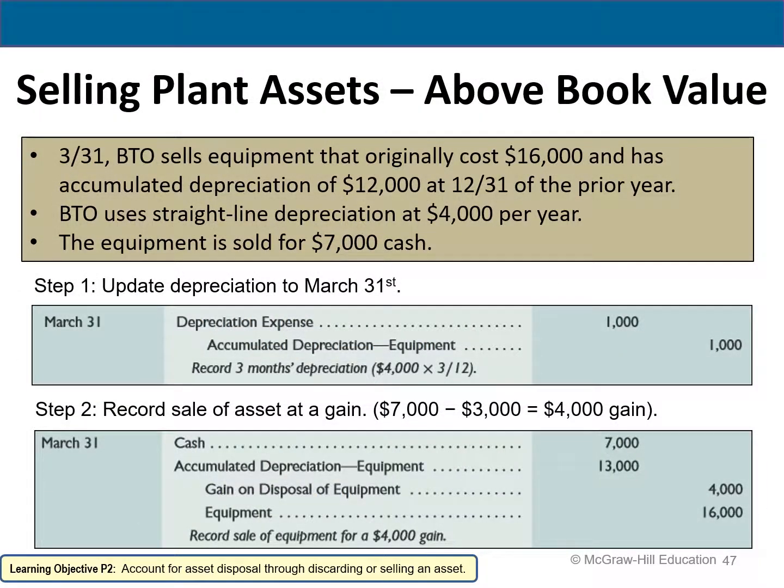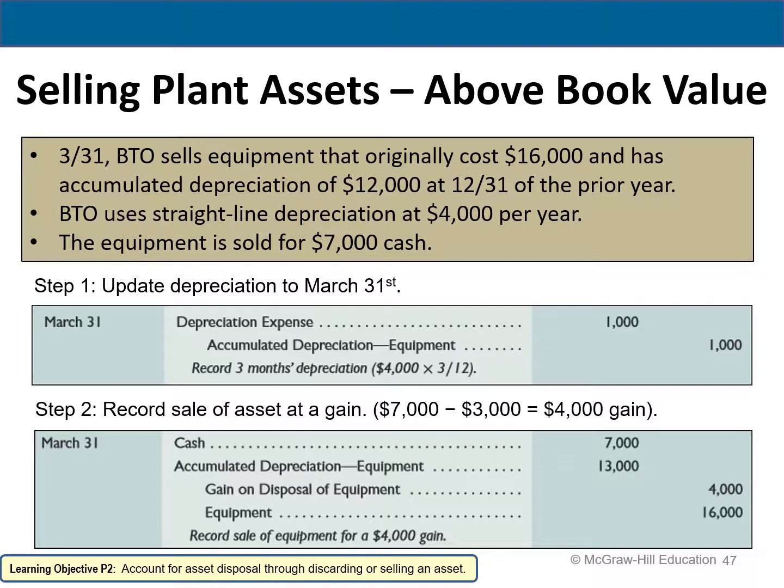All right, so let's say we sell it above book value. Same scenario as the previous problem, except this time we sell it for $7,000 cash, okay? So we're going to record $7,000 cash, debit to cash. Our accumulated depreciation is $13,000, so we need to remove that from our books, and we do that with a debit.